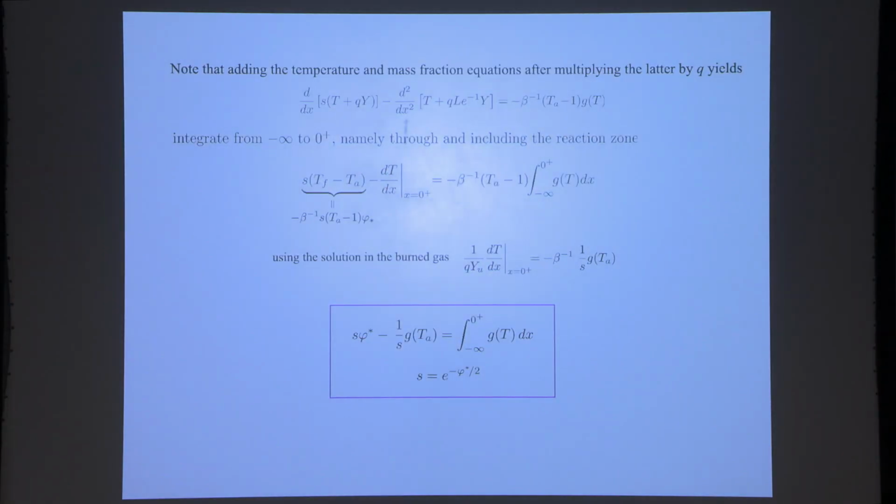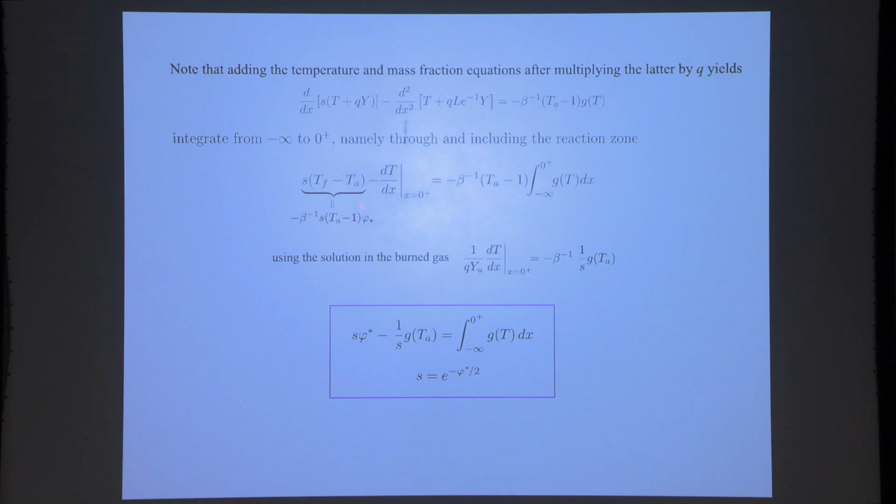And so what I do, I integrate the equation from negative infinity all the way to 0 plus, meaning up to and beyond the reaction zone. Why do this? It's just because I would be able to extract the information that I need. If I integrated up to 0 minus, I would get things that I already know. So there's no trick here.